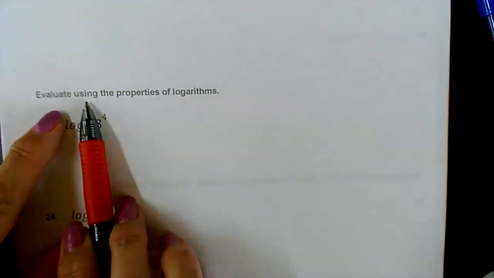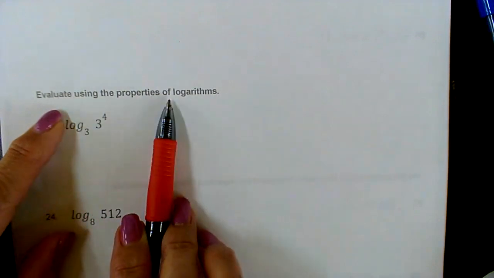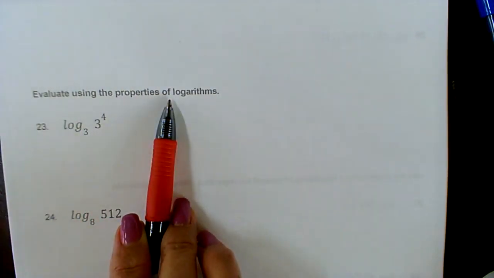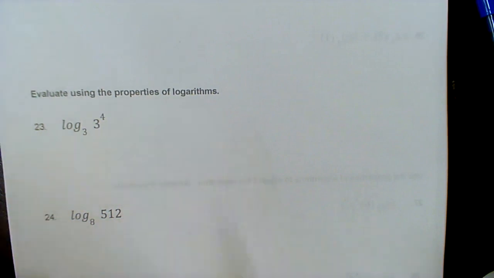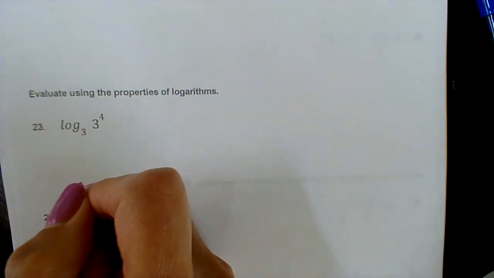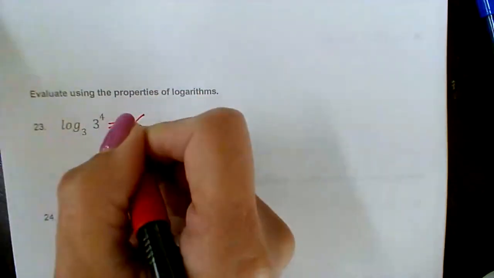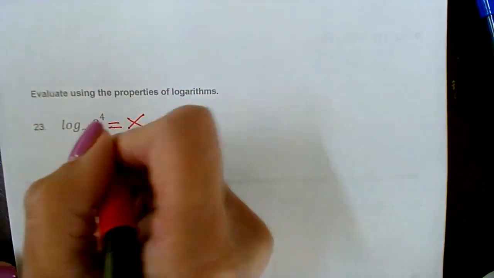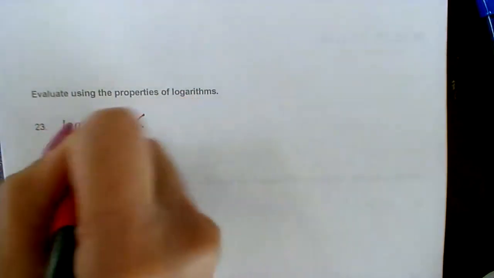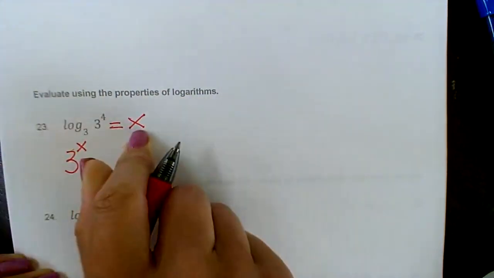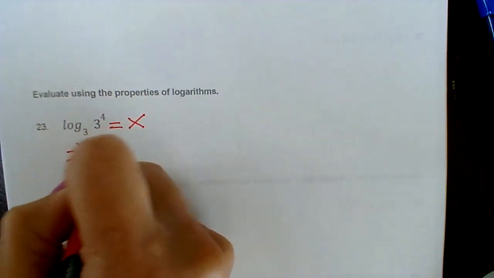This one says, evaluate using the properties of logarithms. Okay. So let's do this. Equal to x. So it's going to be 3. The exponent is going to be the answer equal to 3 to the 4th power.